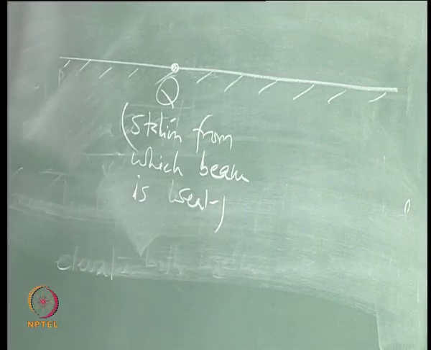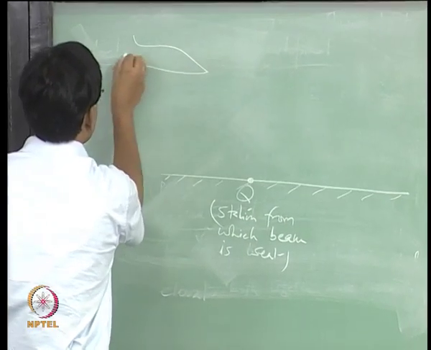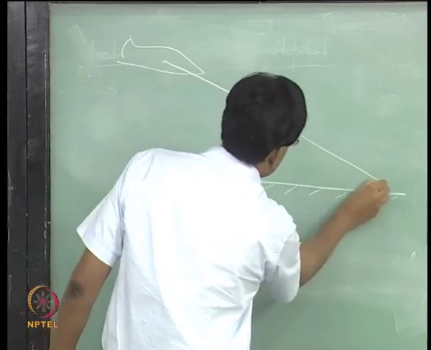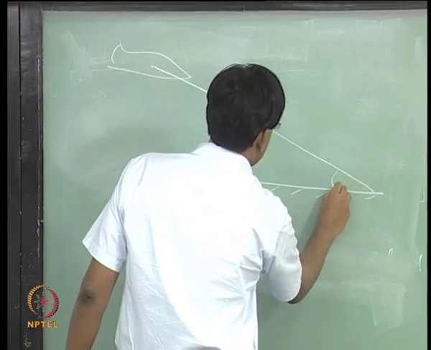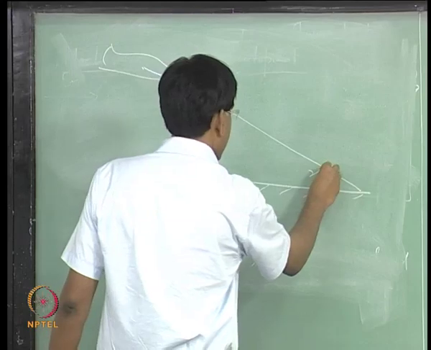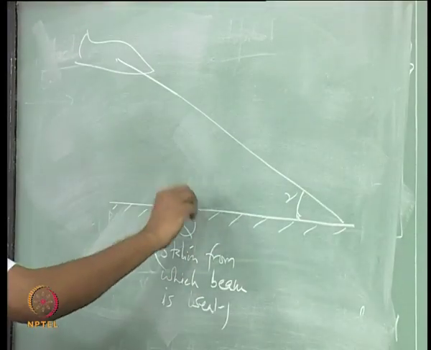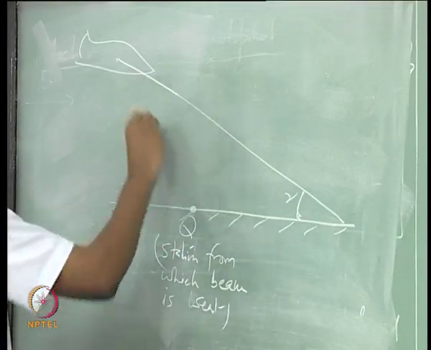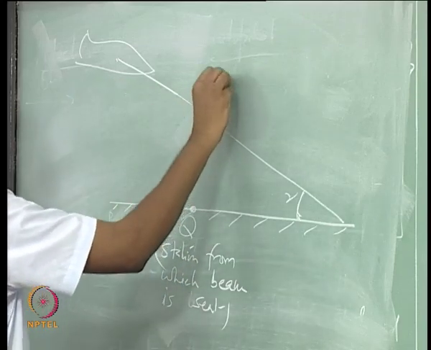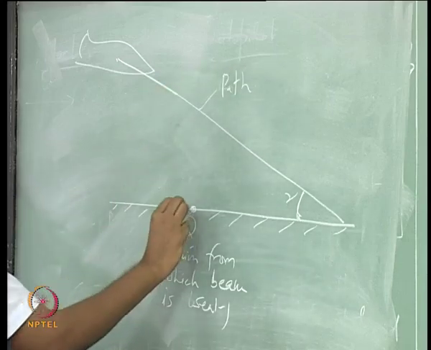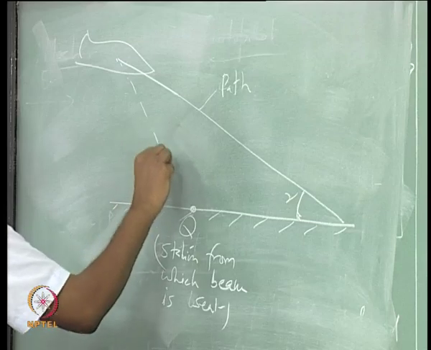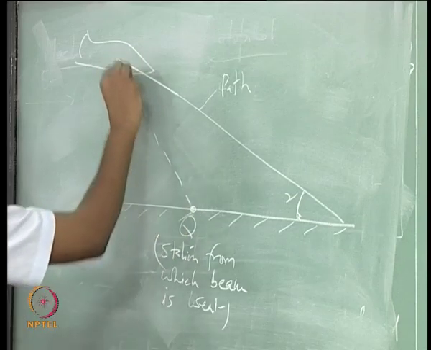So, an aircraft which may be following, let us say, this glide path, this is called the glide path. Let us say this aircraft is following this path, and it is supposed to follow this beam.